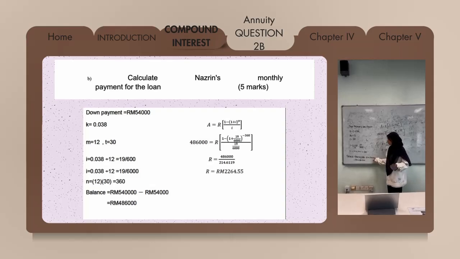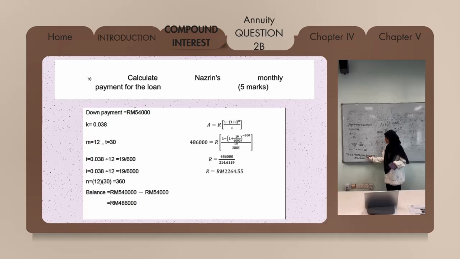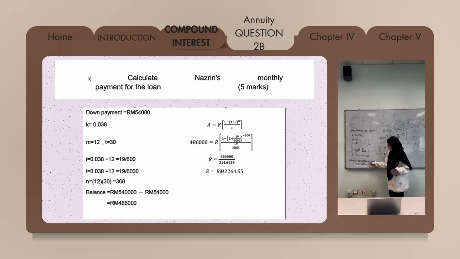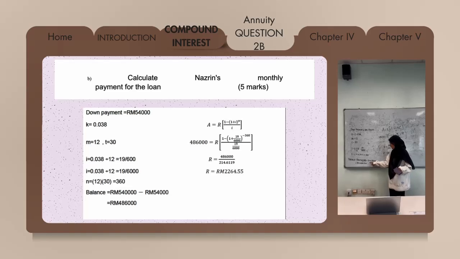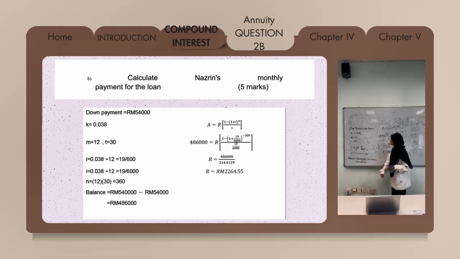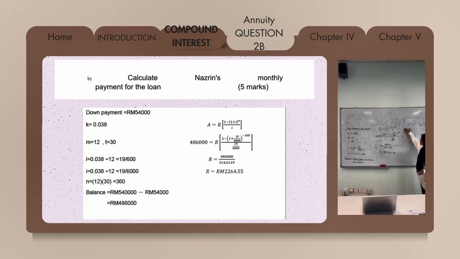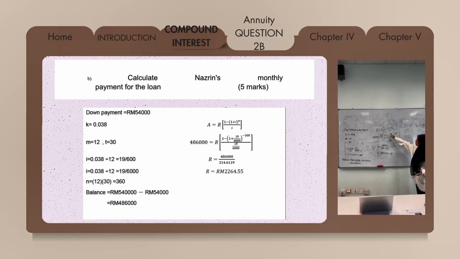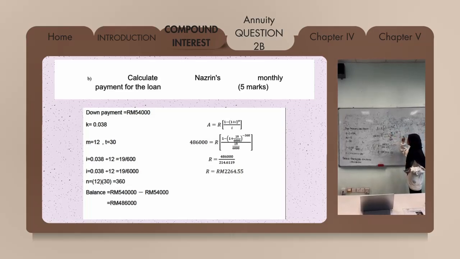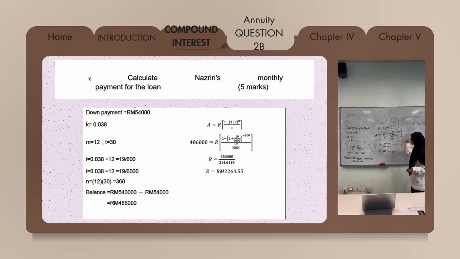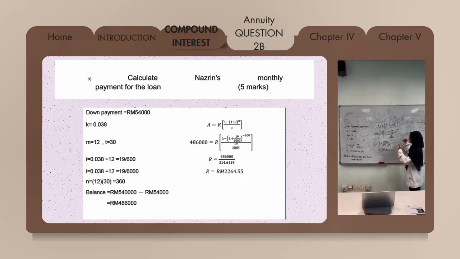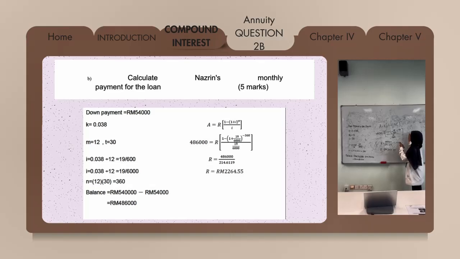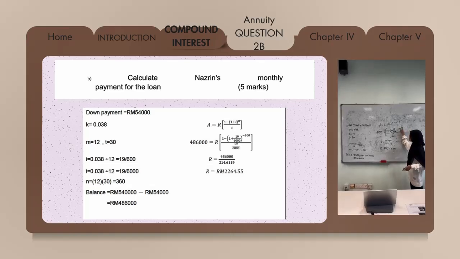For the remaining balance, Nazrin's remaining balance is 540,000 minus 54,000, and we get 486,000. Then we use this formula, A equals R multiply 1 minus 1 plus I to the power of negative n, over I. We fill in all the information in this formula, and we calculate this first.